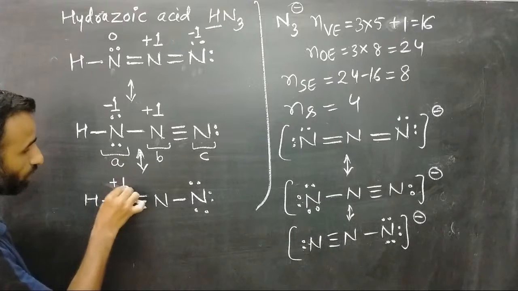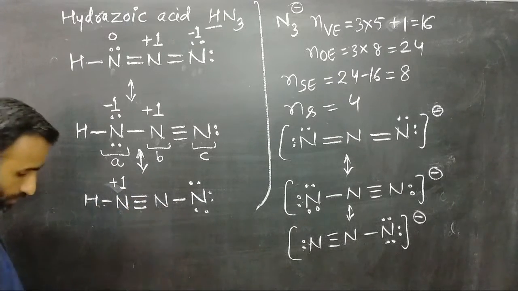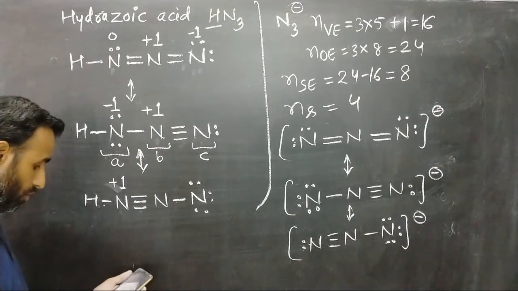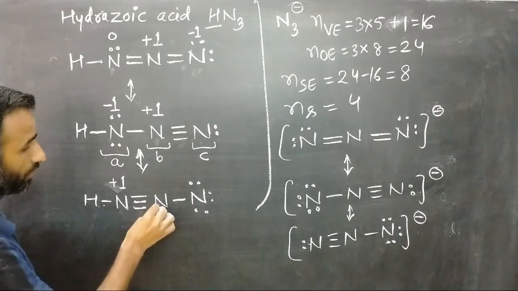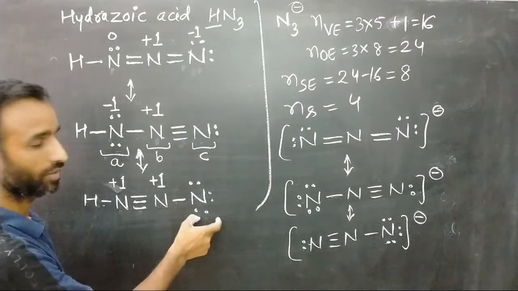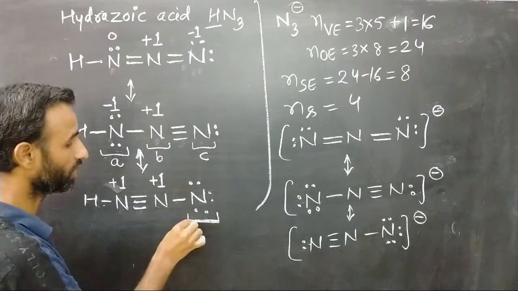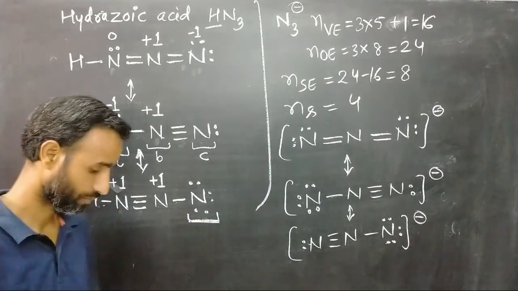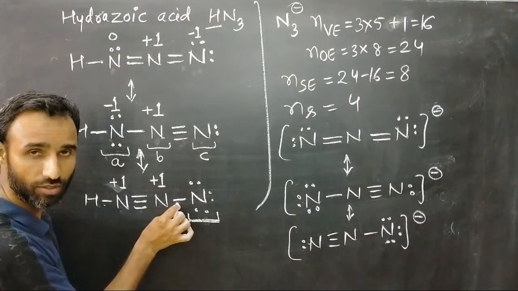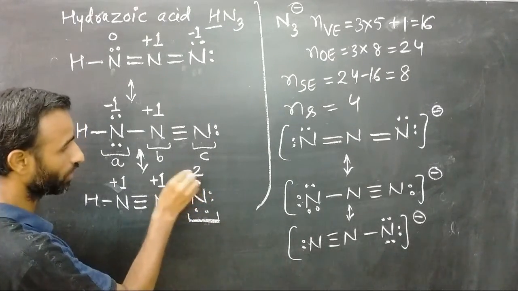That means it has plus 1. Very good, Namita. Plus 1. Again plus 1. Tell me, what is the formal charge on this nitrogen? 5 it has, 1 is shared. So 6, and 2 electrons are required, minus 2.